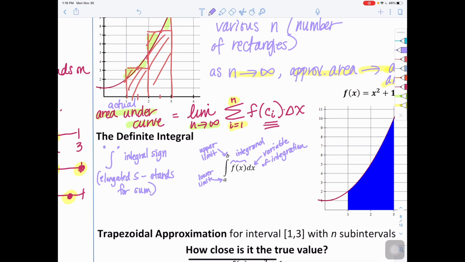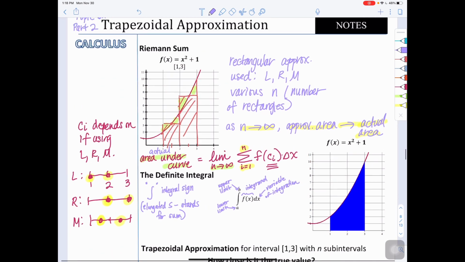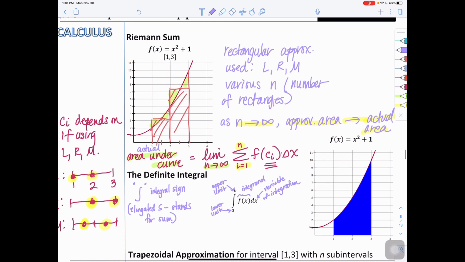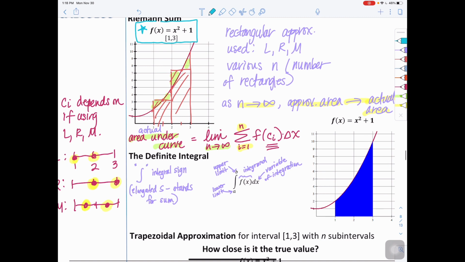Now, you can actually find the sum. If you wanted to find the actual area under the curve from 1 to 3, you would write the integral from 1 to 3 of x squared plus 1, dx. And actually, you can find that using Math 9.